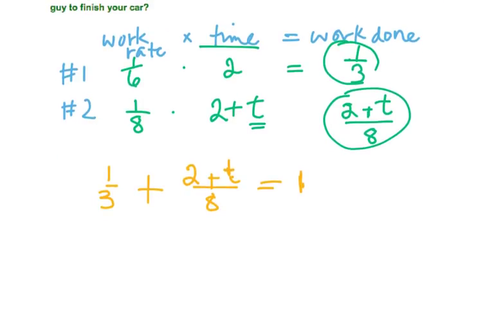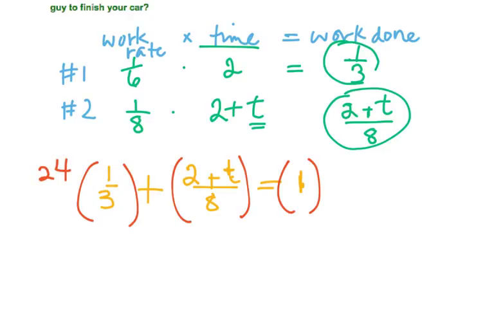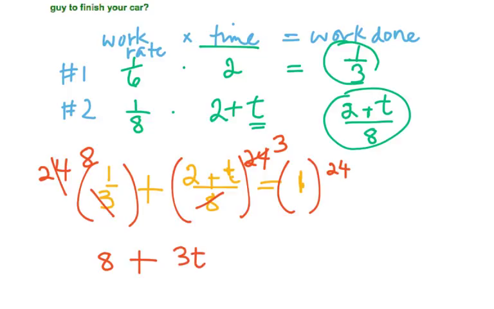Okay. Again, we are clearing fractions to get rid of the fractions. Okay, so multiplying through by 24, and cross canceling, I get 8 plus 3, I've got to remember to distribute, 3T plus 6.